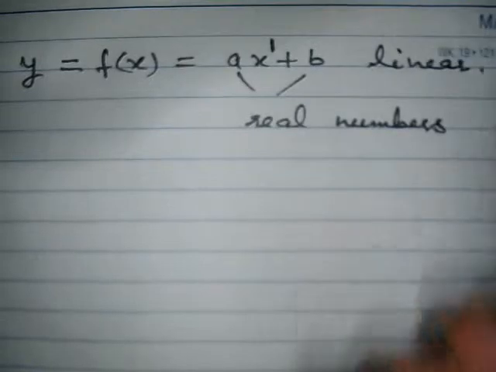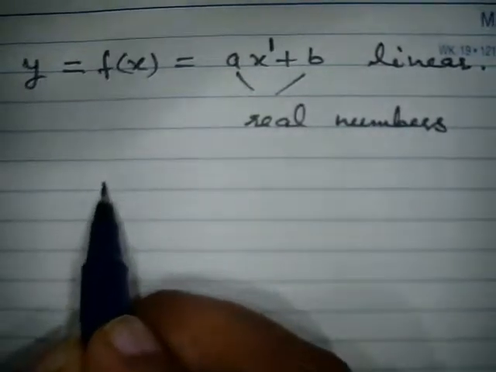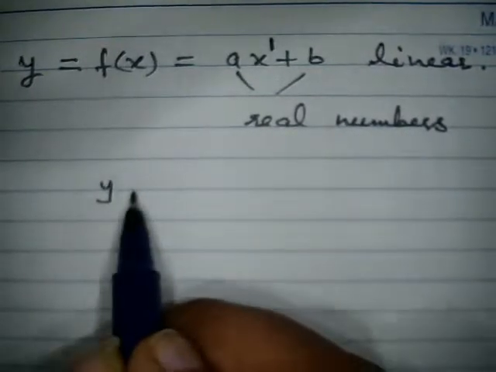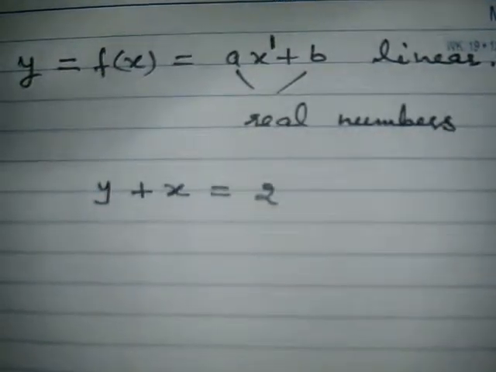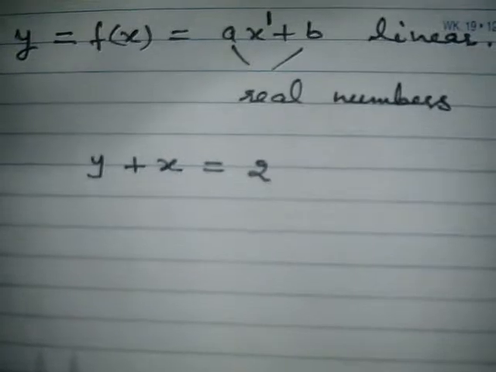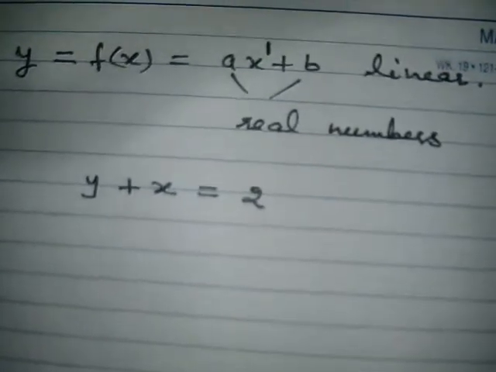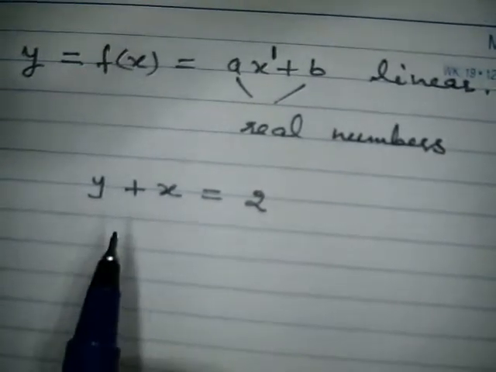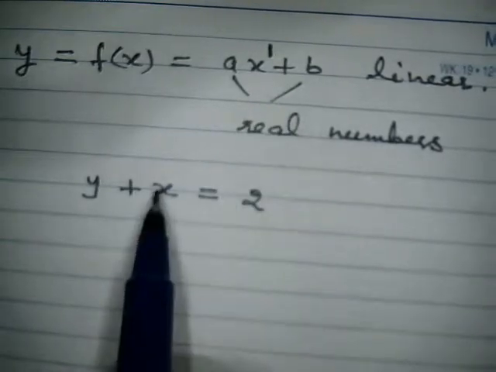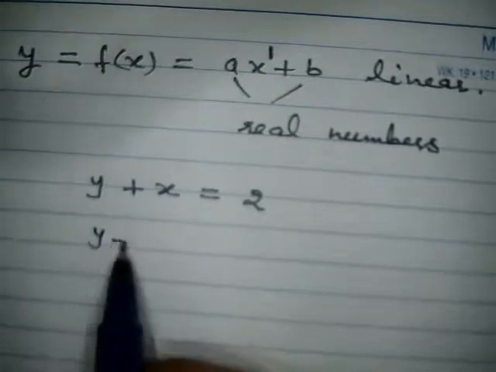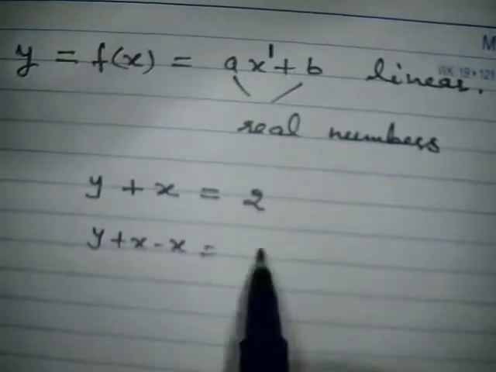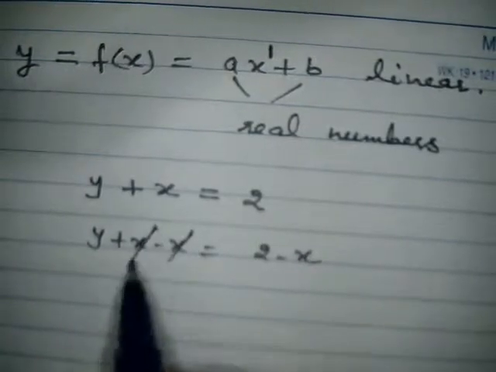Okay, for example, suppose I write y plus x equals 2. Now to represent y in terms of x, x should be shifted to the other side. What I need to do is subtract x from both sides, so this is 2 minus x.